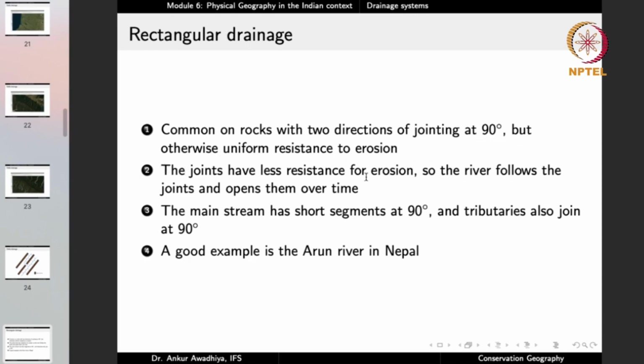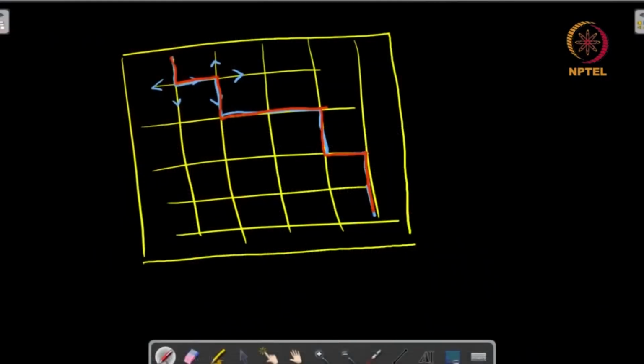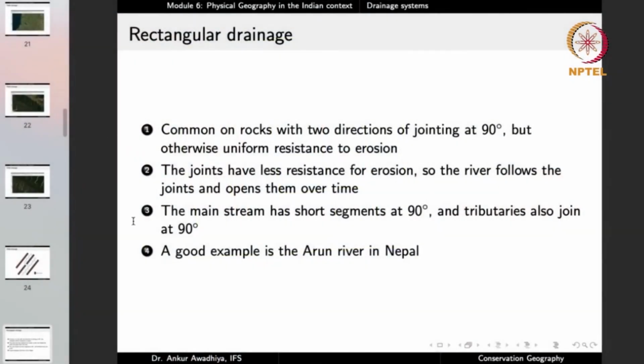Now because the joints have less resistance to erosion, the river follows the joints and opens them over time. So if the river is moving like this, with time, because the joints have less strength as compared to the other rocks, the river will go on opening these joints. So the river will become deeper and deeper, and the joints will become more and more open with time, because the river is also doing erosion.